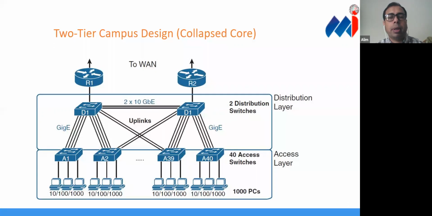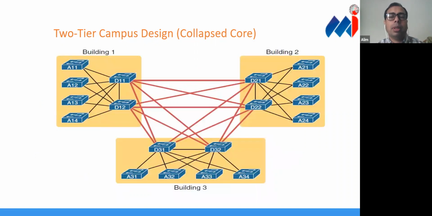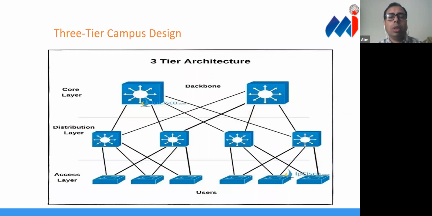Some people may also configure the gateway in the router. But in three-tier, we usually configure the gateway at the core layer or backbone layer, or you can use the distribution layer, and these are connected to the access layer.